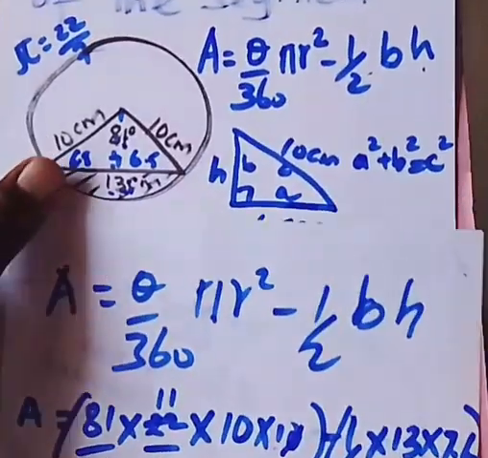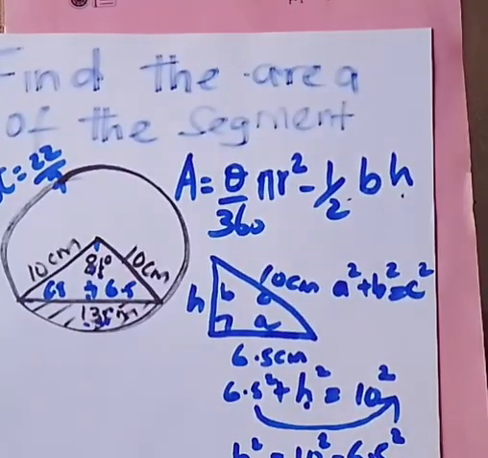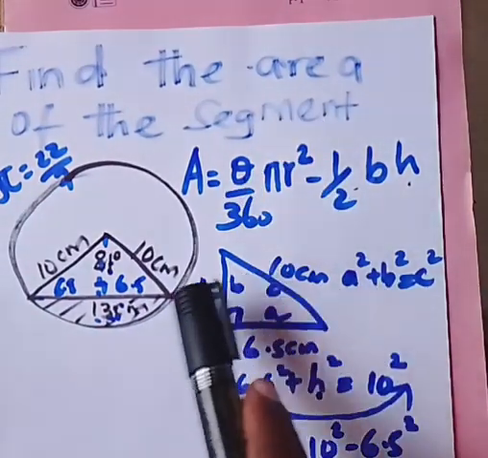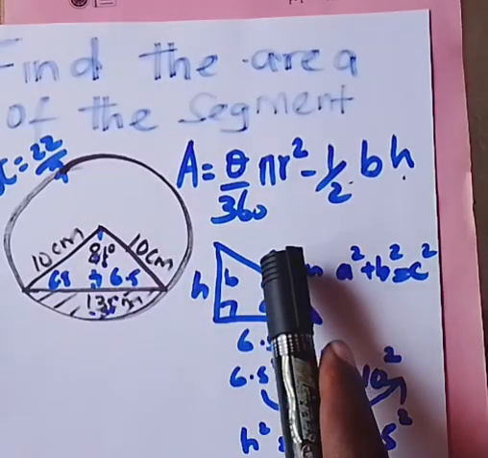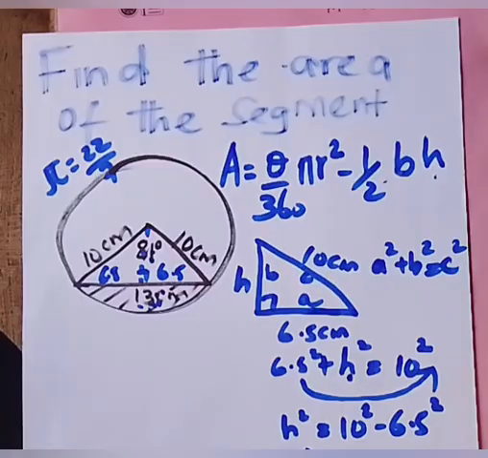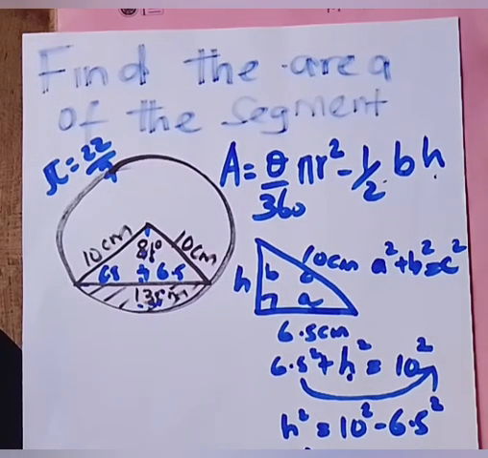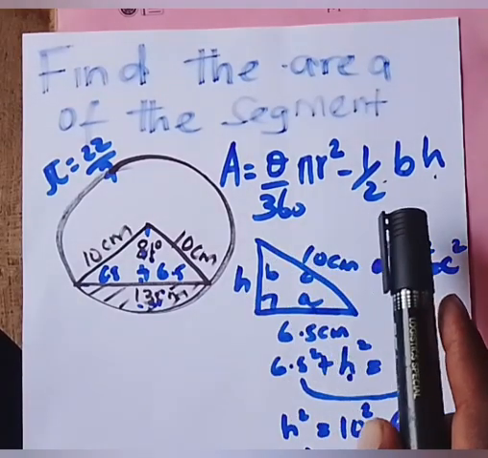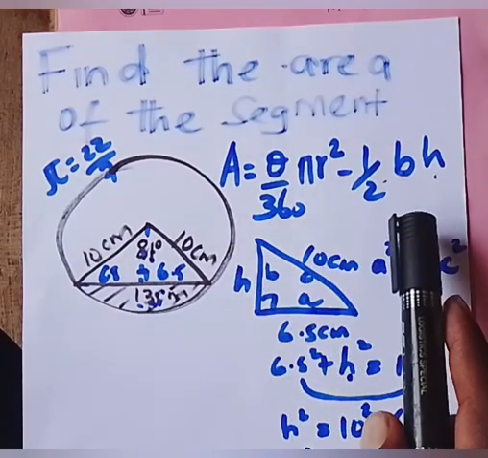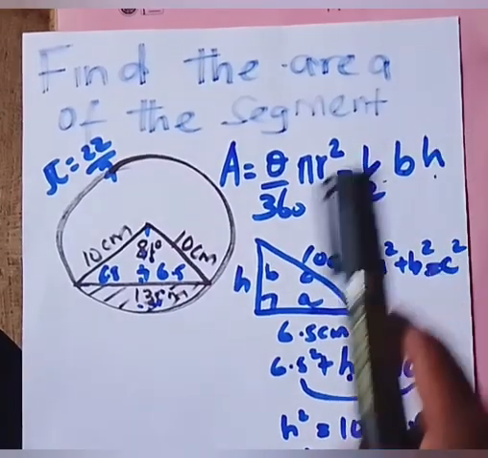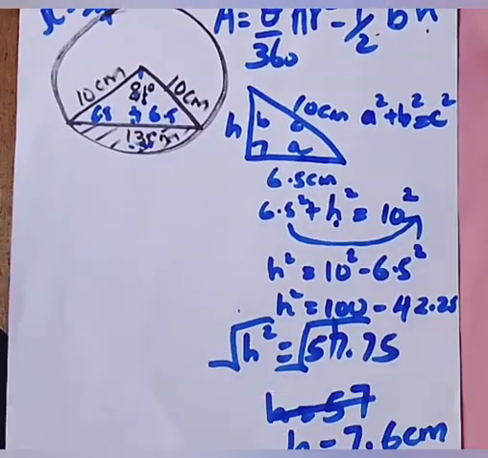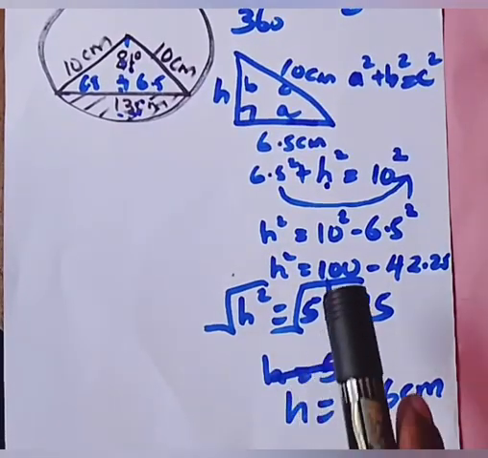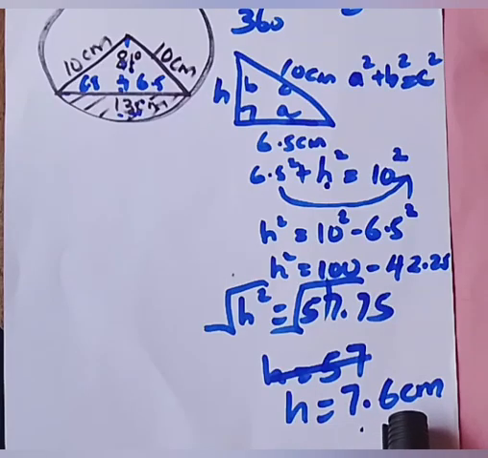So to avoid confusion, this is the question we were dealing with. We are finding the area of the segment. The segment is this shaded region here. And you can say it's the area of the sector, theta over 360 pi r squared, then minus half base times height. But we did not have the height, so we had to extract this triangle, and using Pythagoras theorem, we could get the height at 7.6.